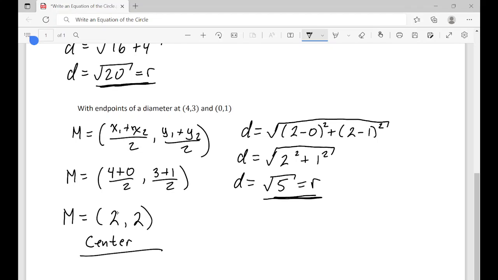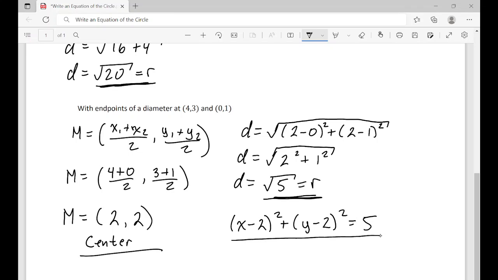So from here, I have my center, I have my radius. Now I just plug into my formula, which is going to be (x - 2)² + (y - 2)² = (√5)², which is just going to give me a plain 5. Again, just easier to do it that way. And here is my equation of this circle.